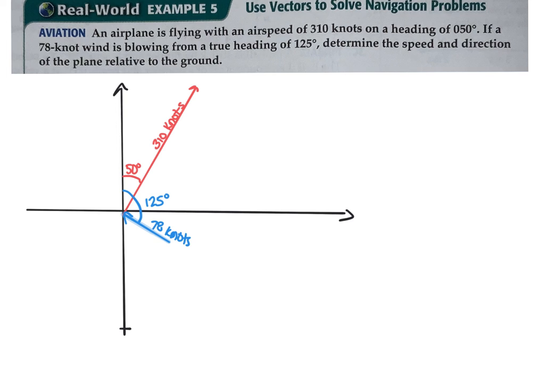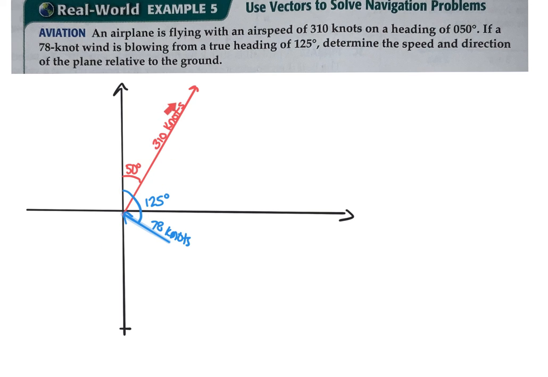As long as you keep everything the same, you are good to slide this guy around the coordinate plane. It's not going to affect anything. Because what you really want to see is what kind of effect it is having on the plane. I mean, we drew it down here, but really it's having an effect on the way it's going. And so you want to slide it up here because this is where it's affecting the airplane.